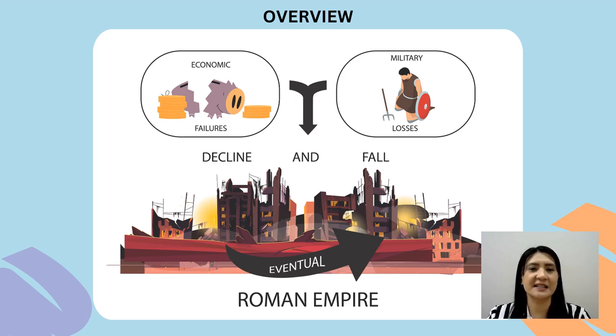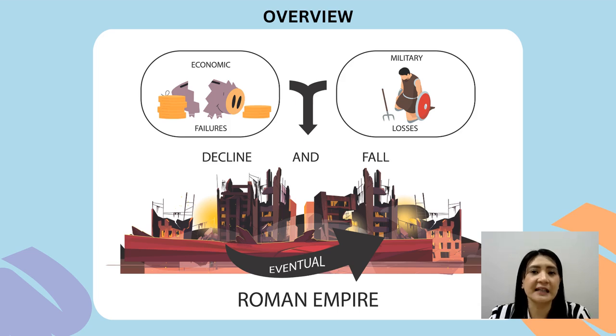The article discusses the fall of the Roman Empire, which was caused by a combination of economic failures and military defeats. Economic struggles began with the excessive minting of coins, leading to deflation and the implementation of ineffective price control laws. This caused many merchants to leave the cities, reducing tax revenue.